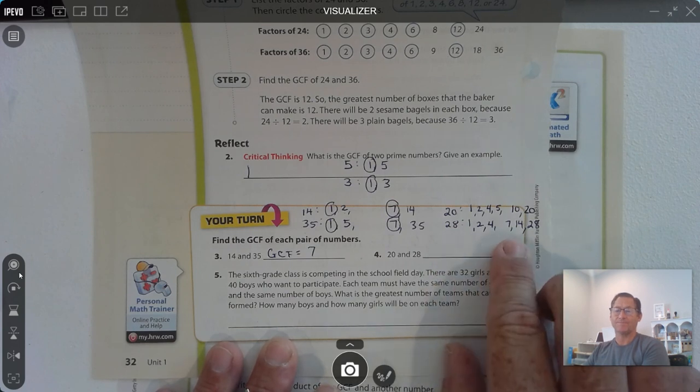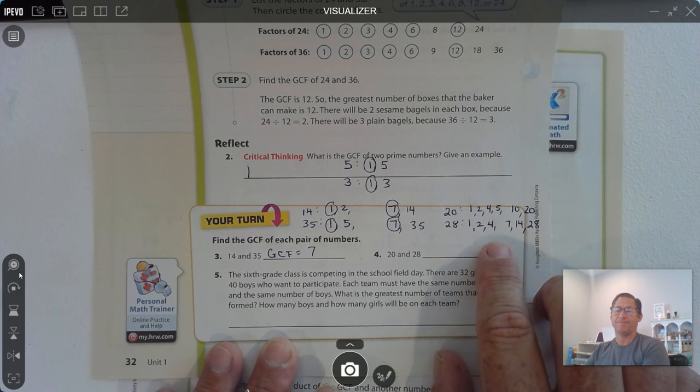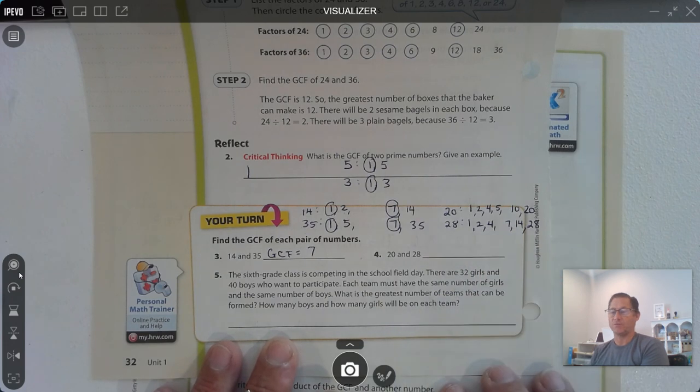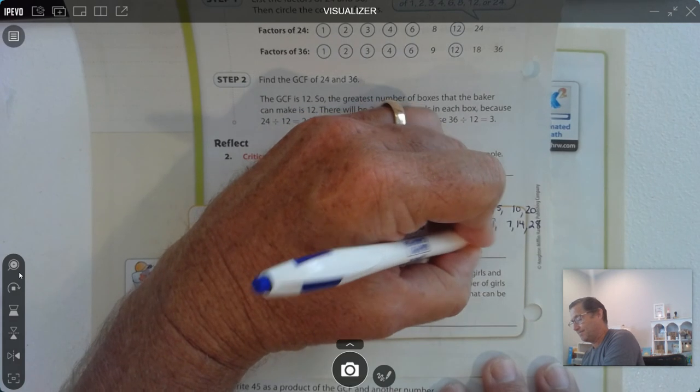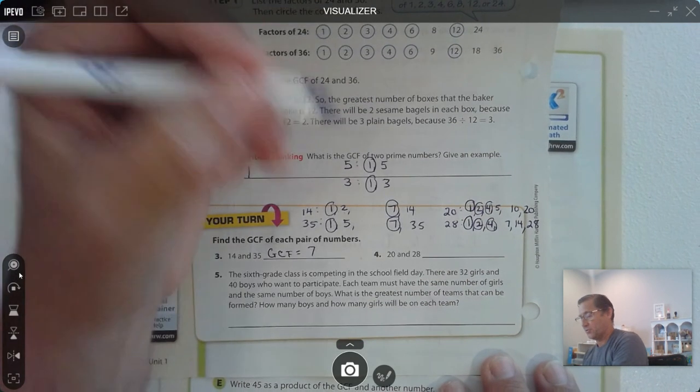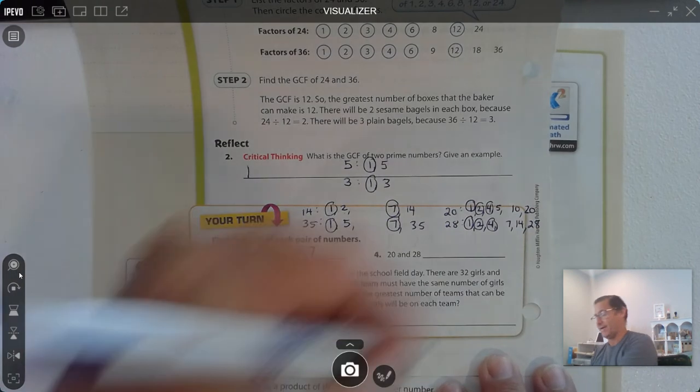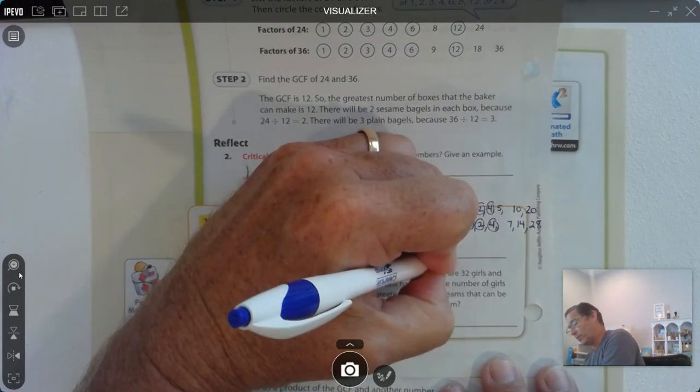We know 7 works. 8 will not work. 8, 16, 24, 32. And 9 will not work. 9, 18, 27. So those are the factors of 28. Let's circle the common factors. So it looks like the greatest common factor of 20 and 28 is 4.